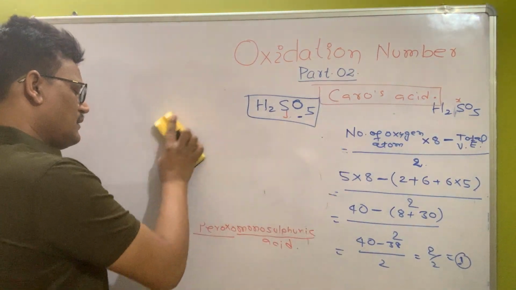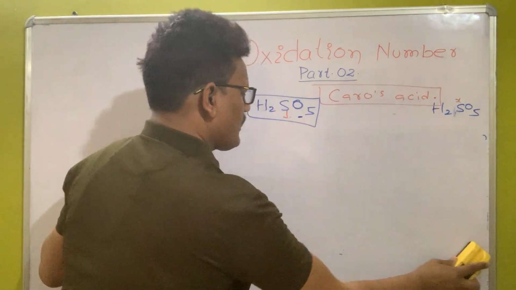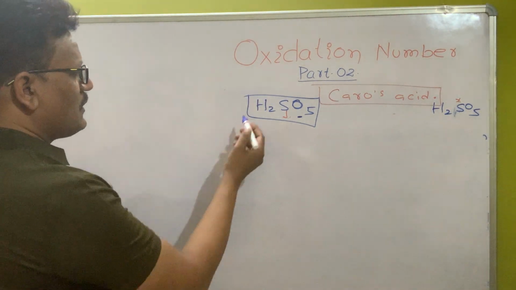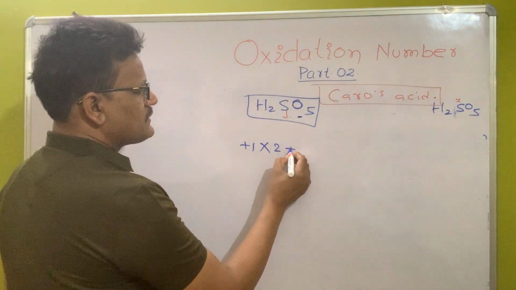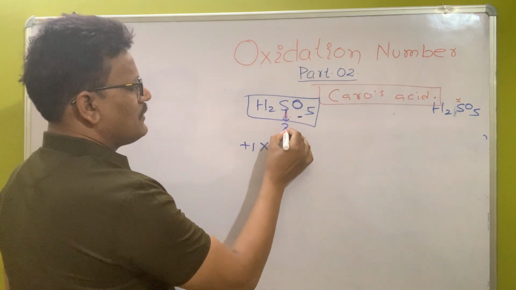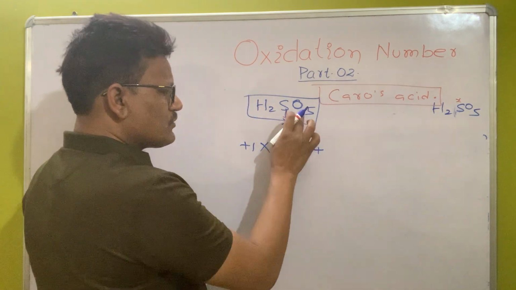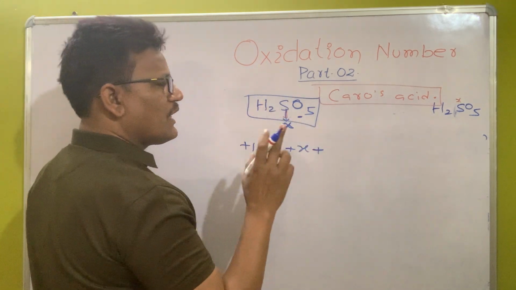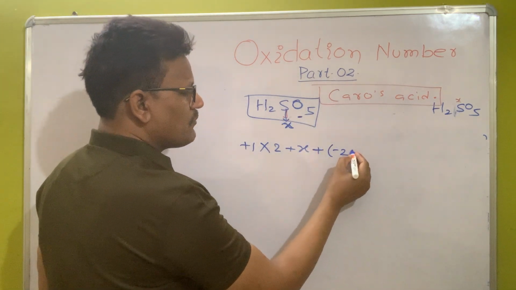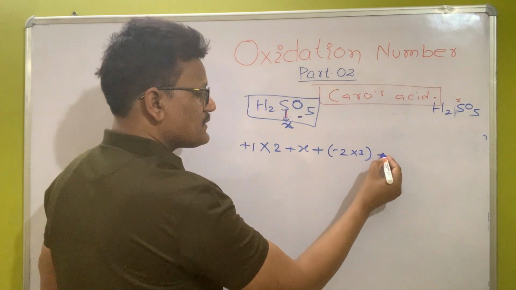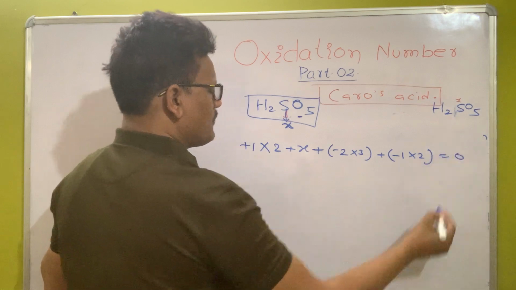using the concept we have learned. So for hydrogen, +1 multiplied by 2 plus X, let the oxidation number of sulfur be X, plus out of 5, 2 will have -1 and 3 will have -2. So -2 multiplied by 3 plus -1 multiplied by 2 equals 0.